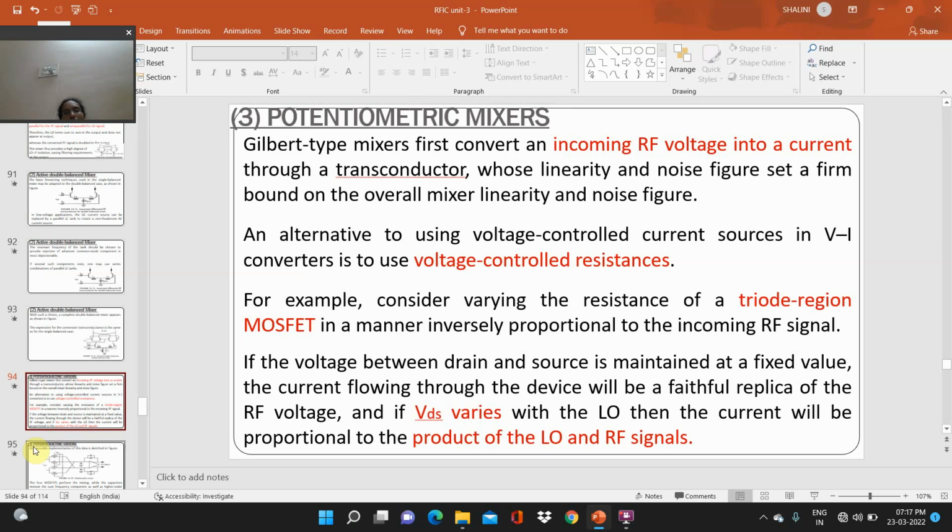If the voltage between drain and source is maintained at a fixed value, the current flowing through the device will be a faithful replica of the RF voltage. And if VDS varies with the LO, then the current will be proportional to the product of the local oscillator and RF signals.